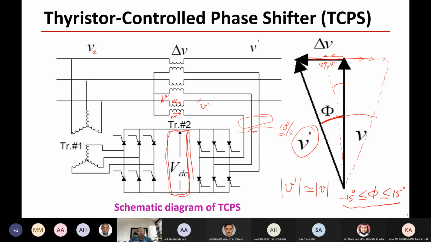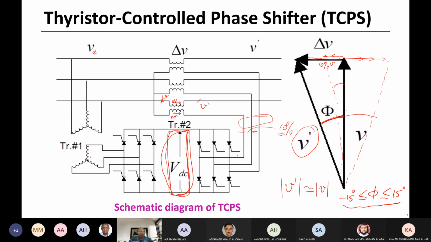We have DC voltage here, so there is no phase shift. Even if there is a phase shift here, say this is a Y-delta transformer and we have a phase shift here or there, after rectification you have a DC. So we cannot talk about the phase shift here. We kill the phase shift here by having this rectification.